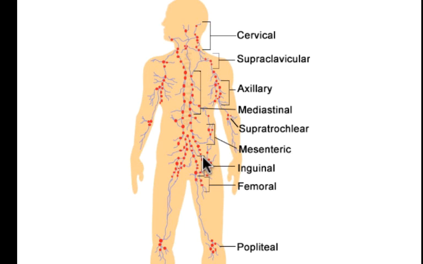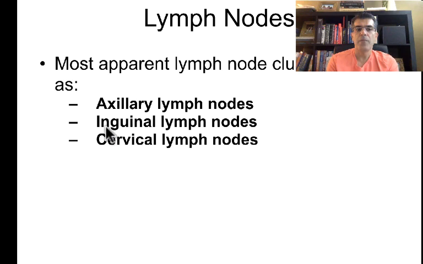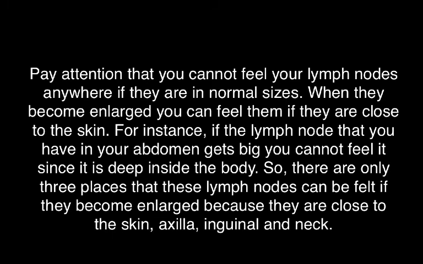Lymph nodes have a tendency to get together. You have a bunch of clusters of lymph nodes in your body, but there are only 3 areas where you can touch them and feel them. We have other clusters, but you cannot feel those. The ones that you can feel are in the axilla, by the inguinal, and by your neck, cervical.